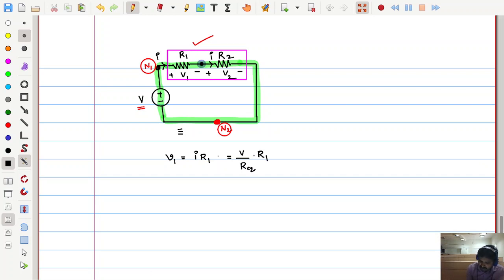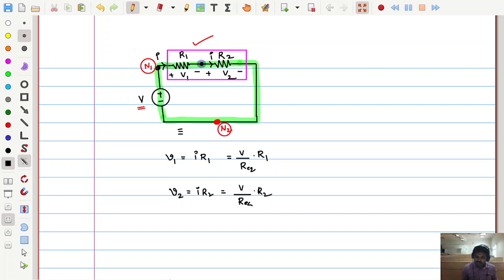I'll tell you the generalized phenomenon. Similarly, let us see how much is V2. That is I into R2, which is equal to V by R Eq into R2.